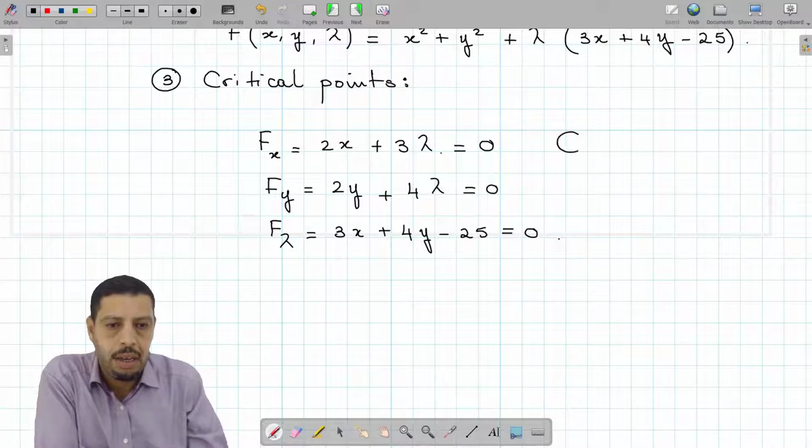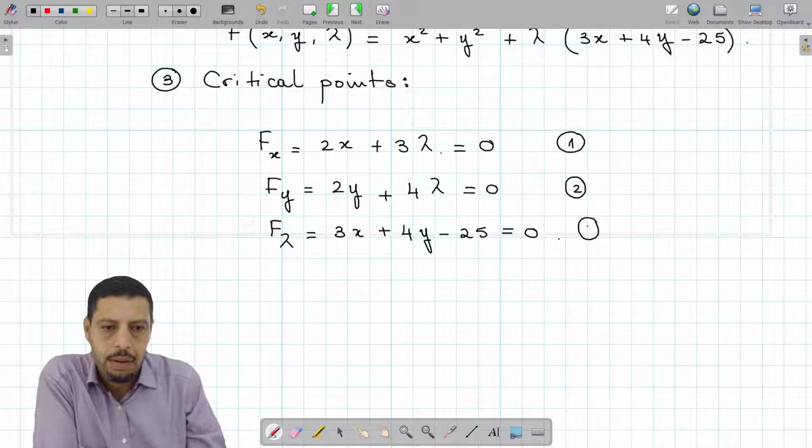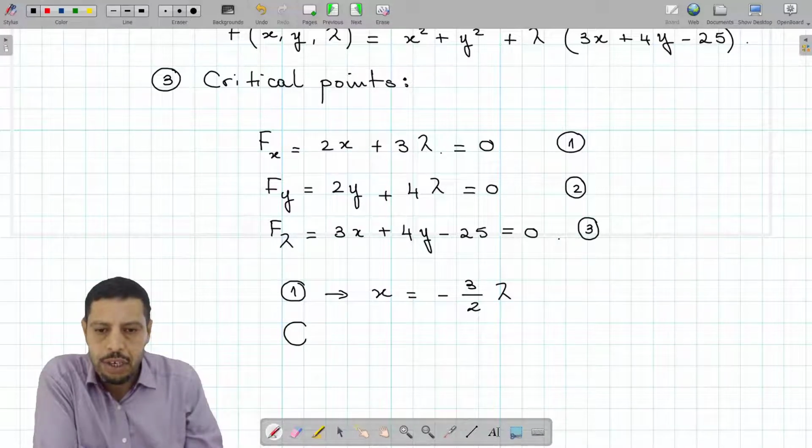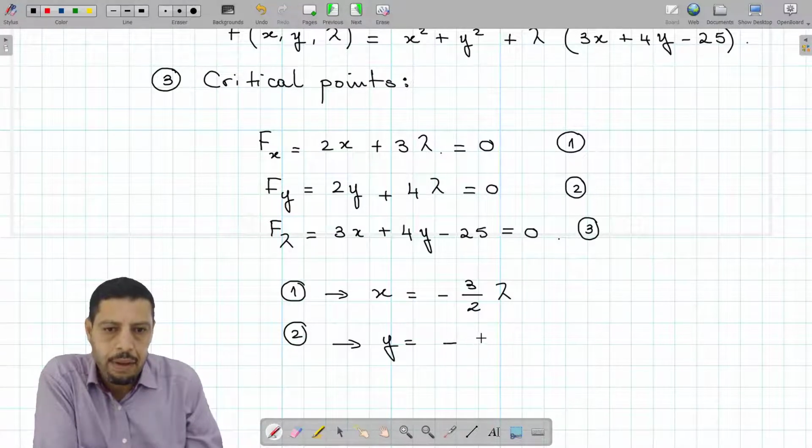So let's do this. Let's call the equations 1, 2, and 3. From 1, we get x equals negative 3 over 2 lambda. From equation number 2, we get y equals negative 2 lambda.